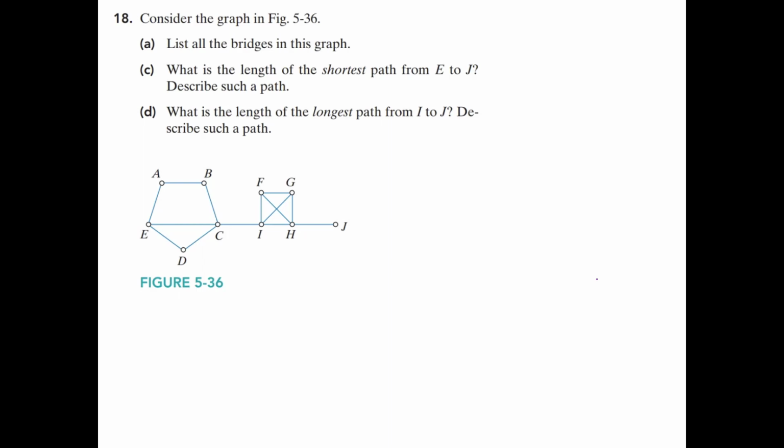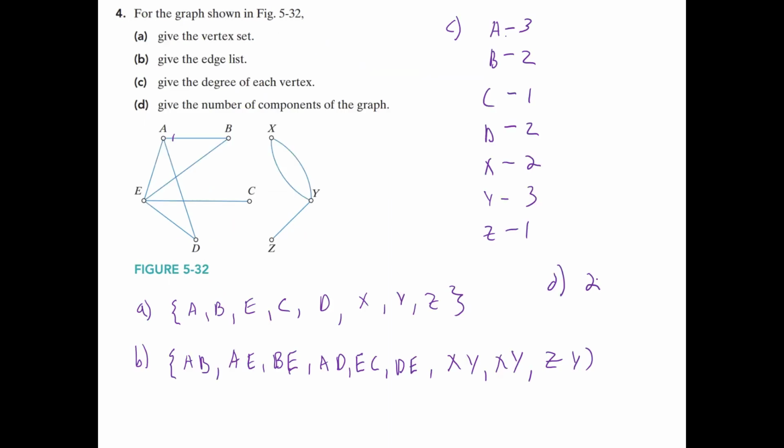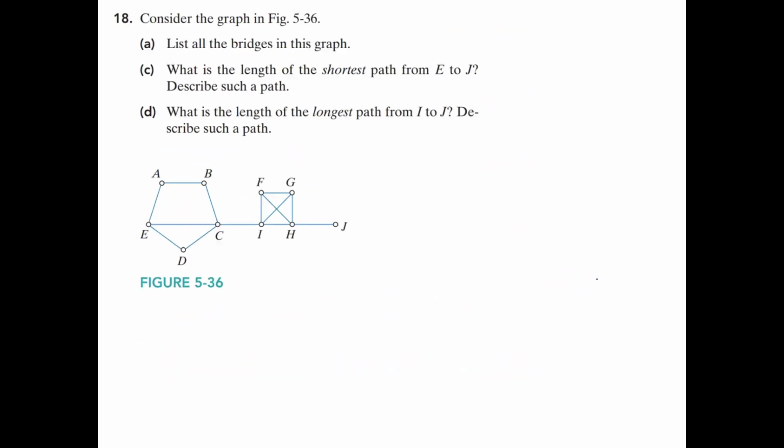Consider the graph in figure 5-36. List all the bridges in the graph. So as we saw in the last example, this graph is not connected. One way of looking at a bridge is an edge that if you remove that edge, your graph will no longer be connected. So list all the bridges.